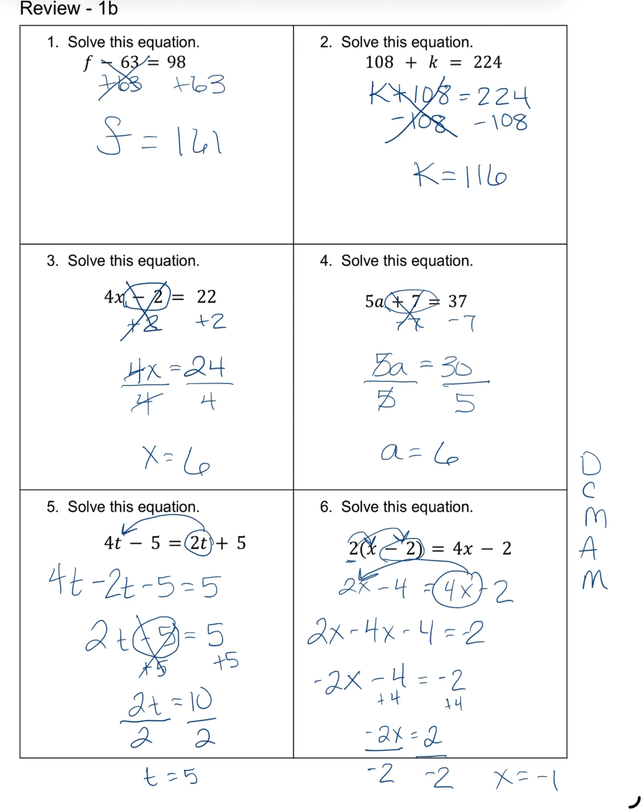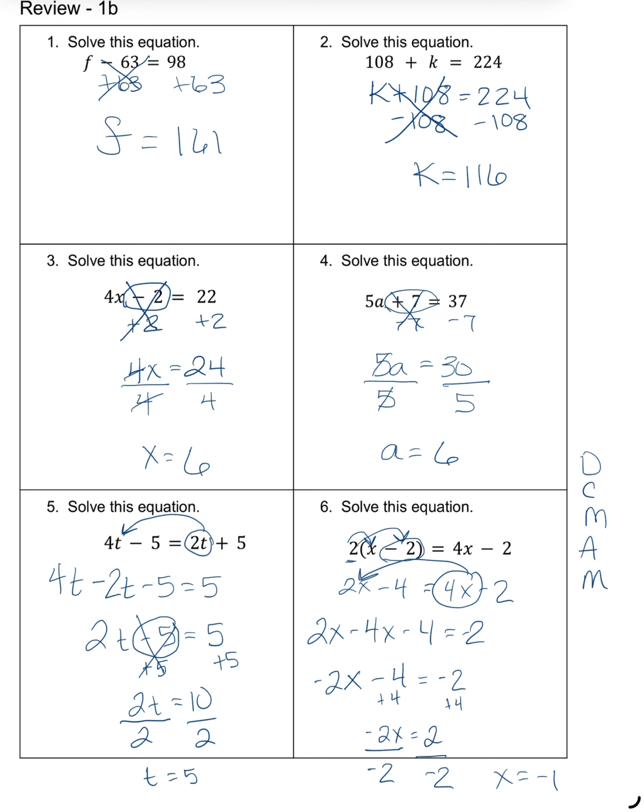So just like our lesson, we kept getting a little bit more involved. 1 and 2 were those one-step equations. 3 and 4 were those two-step equations. 5 and 6 were those multi-step equations. And guys, if 5 and 6 were a little bit of a struggle, that is just fine. But we really want to get to the point before you take the test that things like 1, 2, 3, and 4, you can do almost instinctively, that you can remember how to solve one and two-step equations, and you can explain it and you can analyze it, because those one and two-step equations are all over the test.